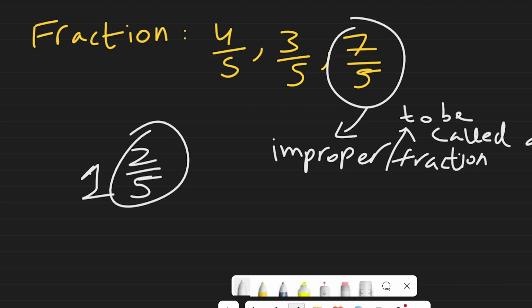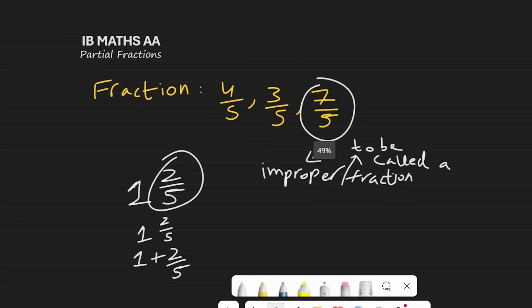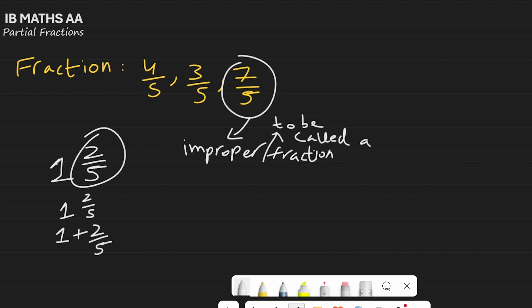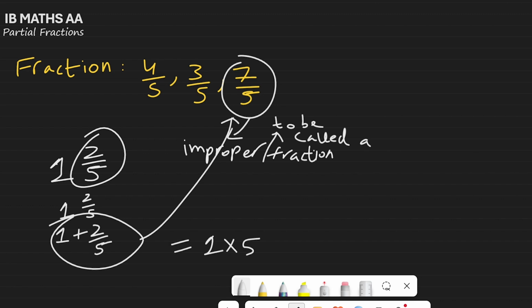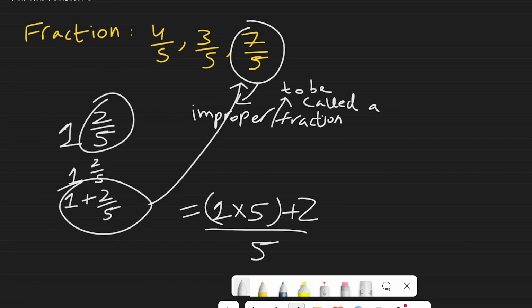What does it mean when we write 1 whole and 2 over 5? This basically means 1 plus 2 over 5. We don't write the plus, but actually there is a plus over here, because when we convert this back into improper form, we do it by taking an LCM, which is 1 times 5 plus 2 over 5, and then it comes 7 over 5.